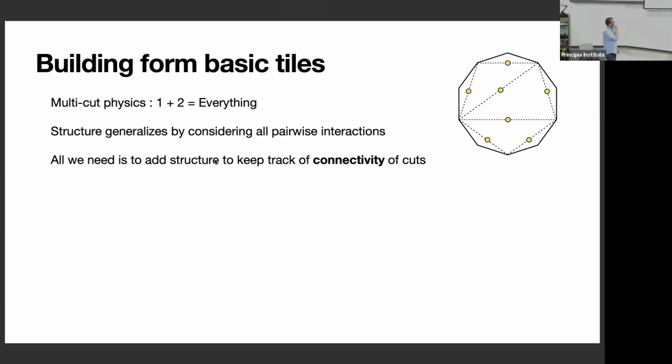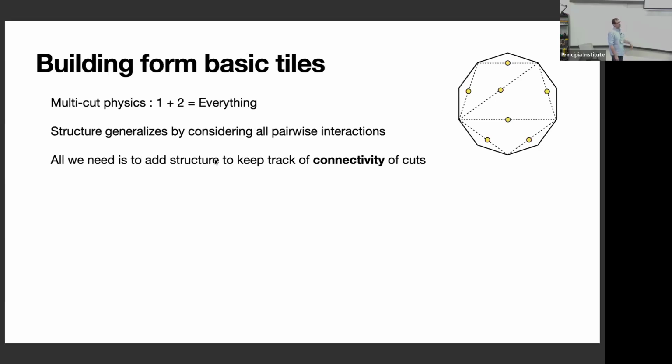So, well, the generalization then is easy. When we have one cut, we have two, then we generalize to everything by putting all these cuts together, paying attention to the way they interact with each other. So the idea is that since these interactions are weak and factorized, we can essentially construct a polyatomic gas, if you want, associated to all these cuts by keeping track of the way they interact with each other pairwise.